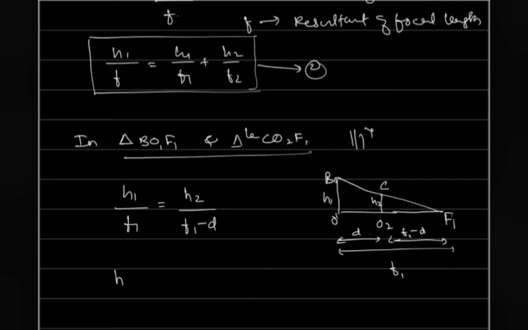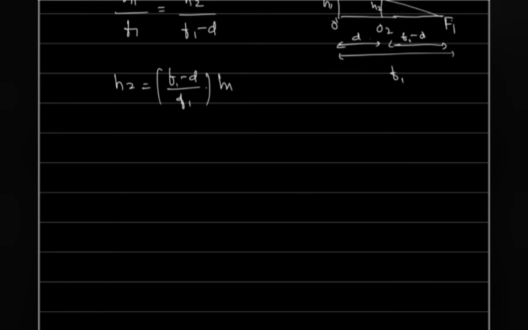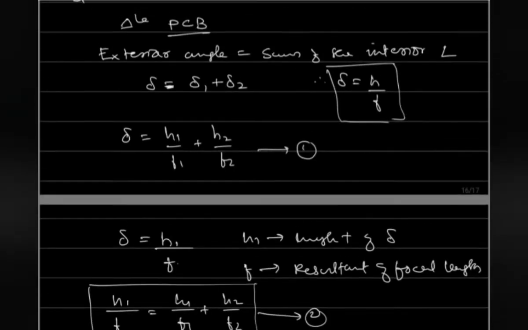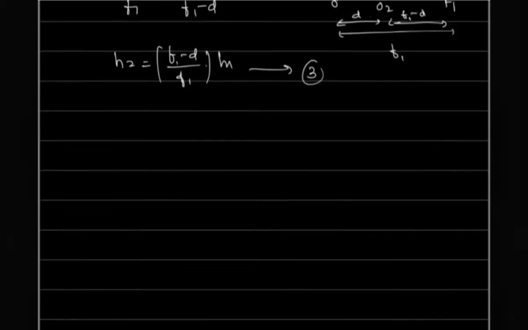So therefore h2 equals f1 minus d divided by f1 into h1. So this is equation 3. I think 3 or 2. Sorry, 3.